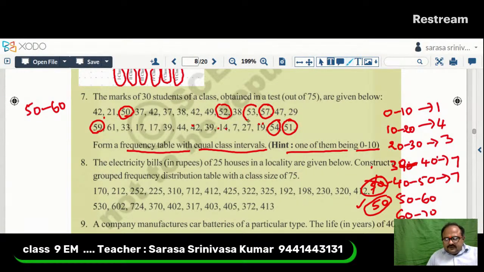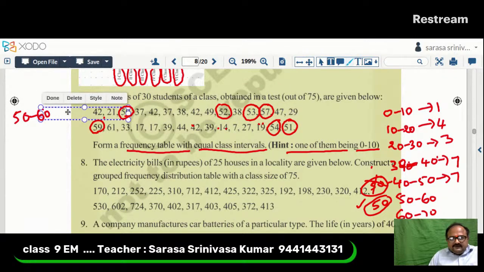Here we missed 53. So total how many students are there in this class interval? 7 students got the marks from 50 to 60. So the frequency of the 50 to 60 class interval is 7.